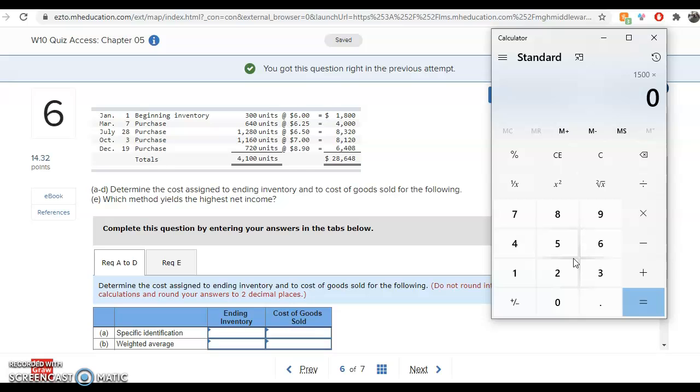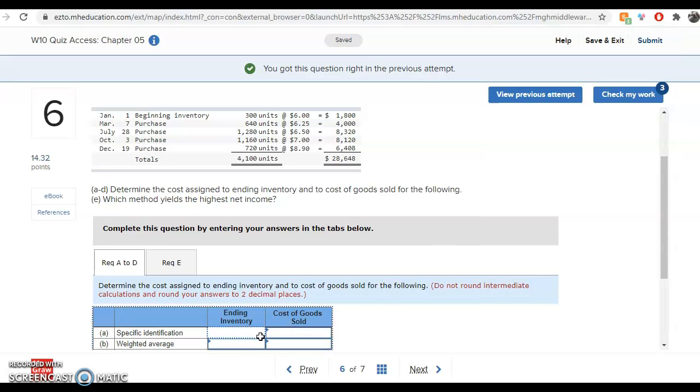200 times 6.5 plus 200 times 7 plus 200 times 8.9 gives us a total of 4,480.